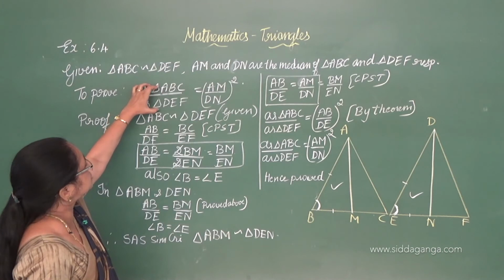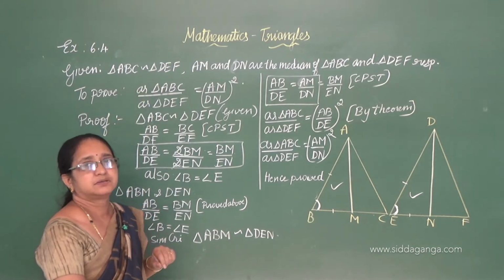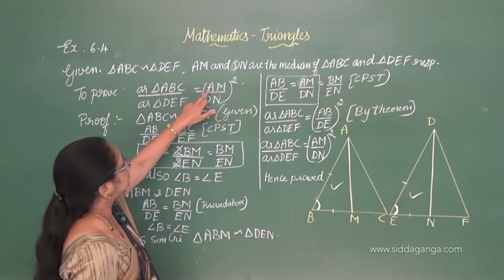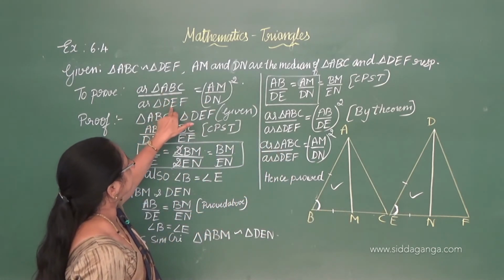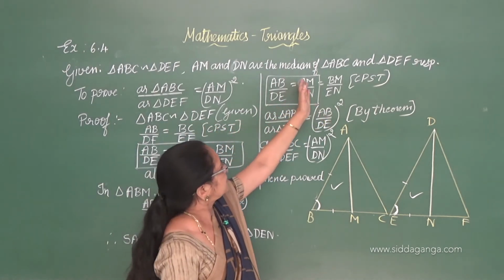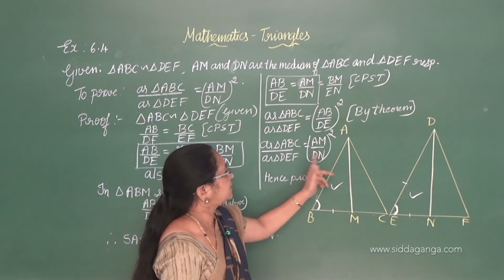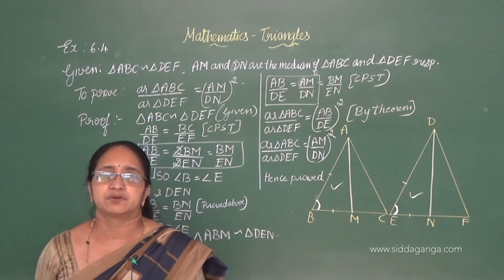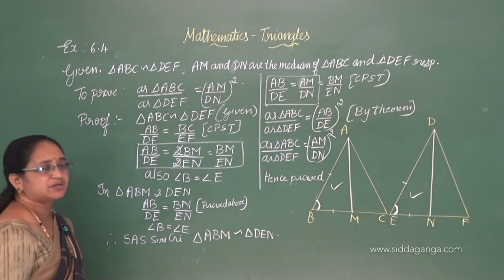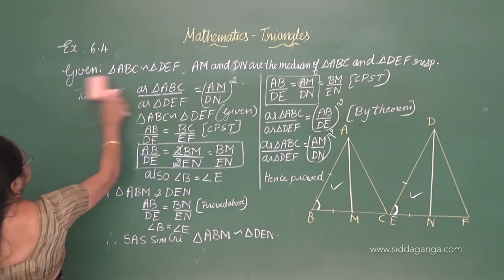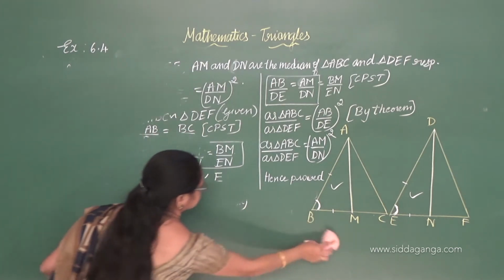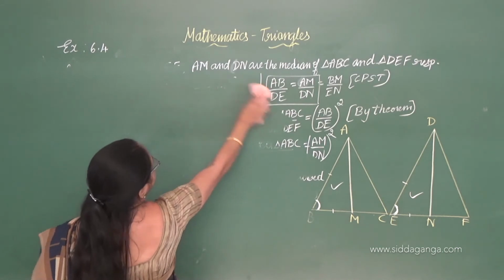Because I know only these two triangles are similar, but I have to prove that these two triangles are similar, then I have to bring it to AB by DE is equal to AM by DN, and then I can replace AB by DE by AM by DN. Okay. I hope if you practice, definitely you can do it. So, let us move on to the third one.